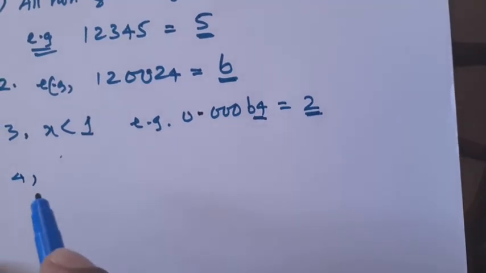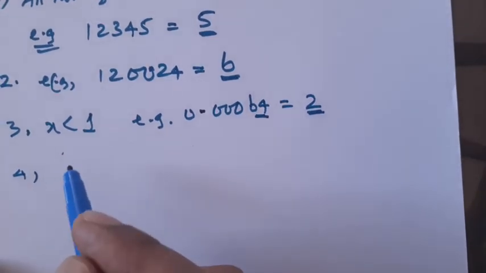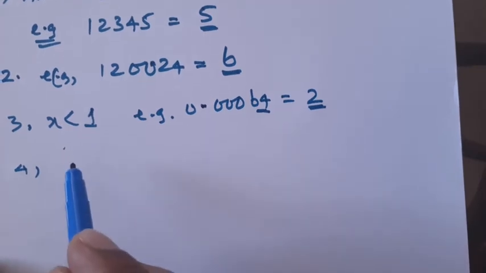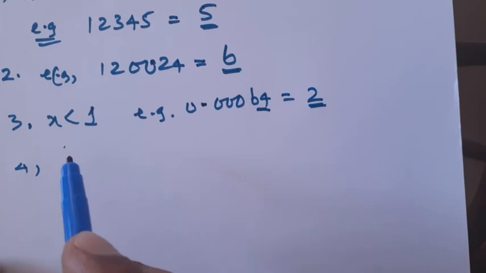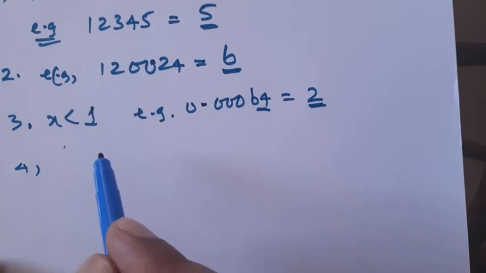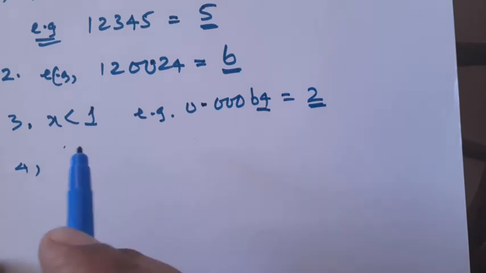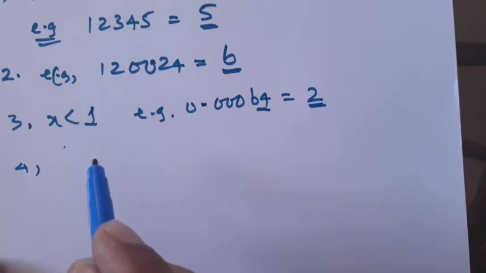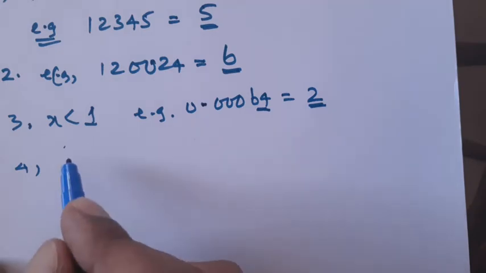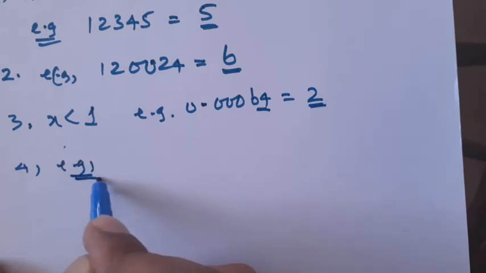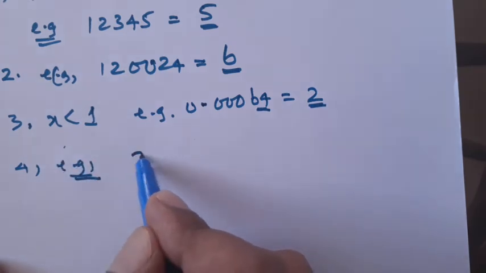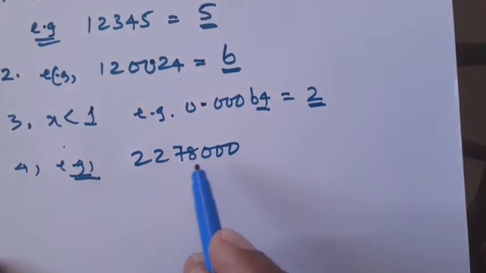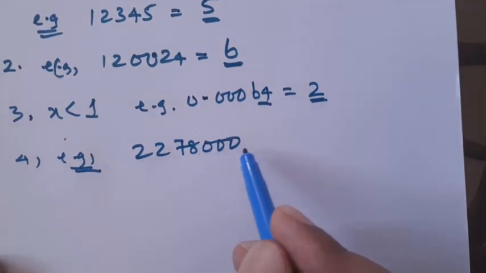Next rule is, in a number without a decimal point, the terminal or trailing zeros, that means last zeros, are not significant. Suppose for example 2278 followed by 3 zeros.